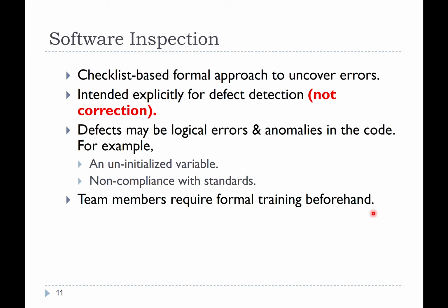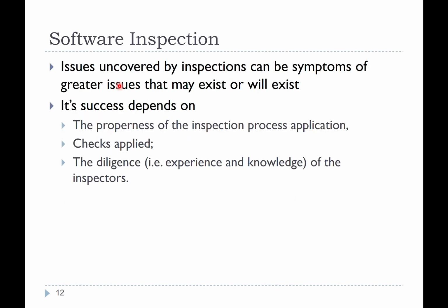Now, the whole point behind inspection, the premise behind it, is that despite that we're not actually fixing any errors, we're just calling out the defects that we found in our document that are violations of what's written in the checklist, the idea here is that those errors, those violations, tend to be symptoms of bigger problems. Okay, so if I have a variable that is not initialized, probably this is going to cause me an issue later on.